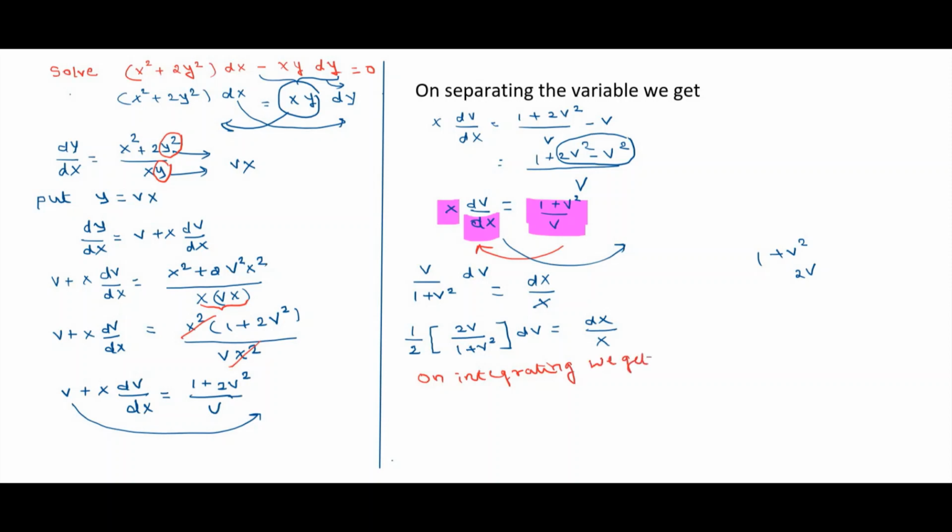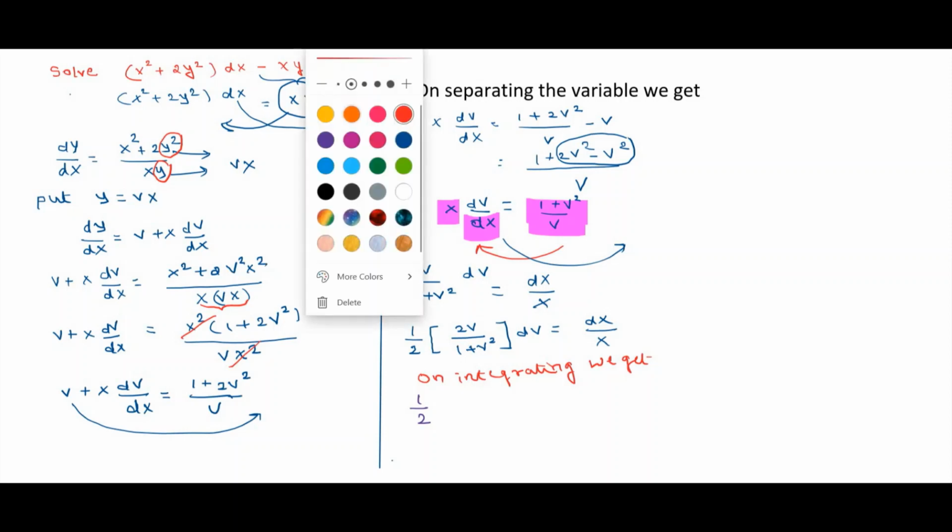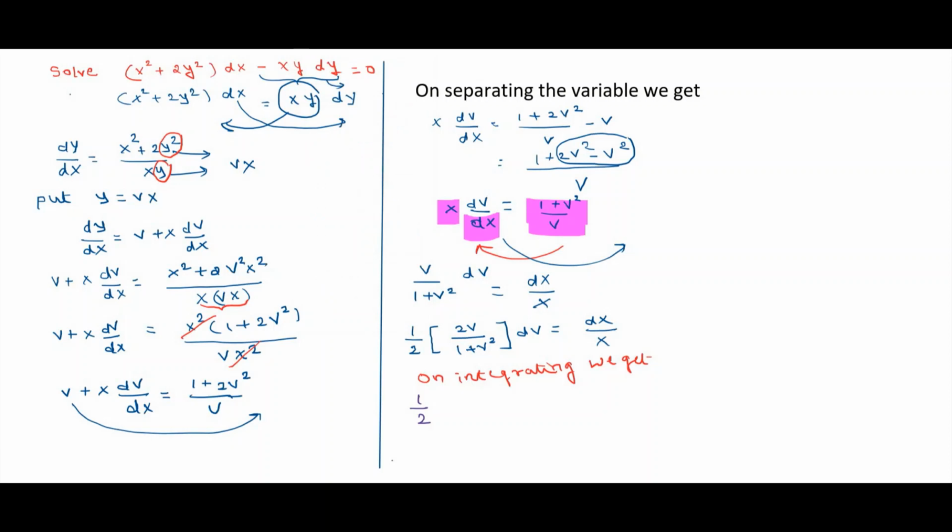What is the integration of this 1 plus v square term? First I will write this 1 by 2 as it is, into bracket. Now what is the differentiation of this denominator? The denominator is 1 plus v square, so its differentiation is 2v, which is the numerator term.